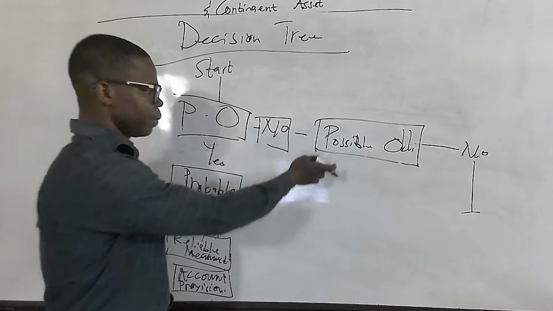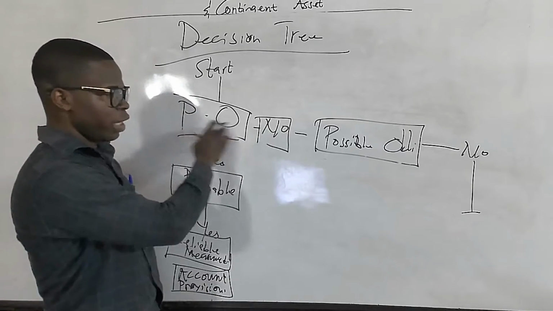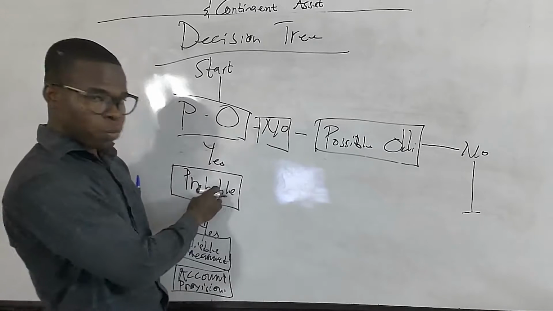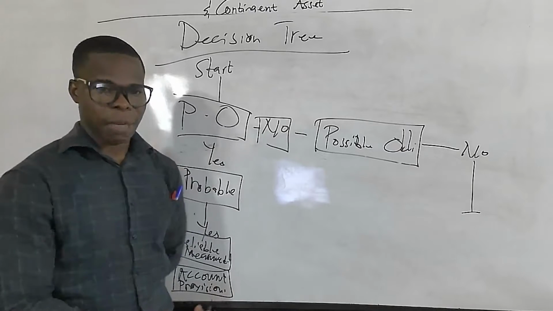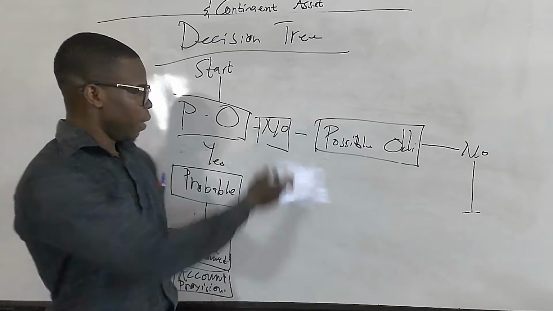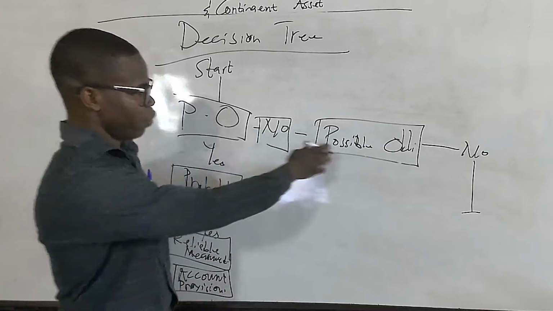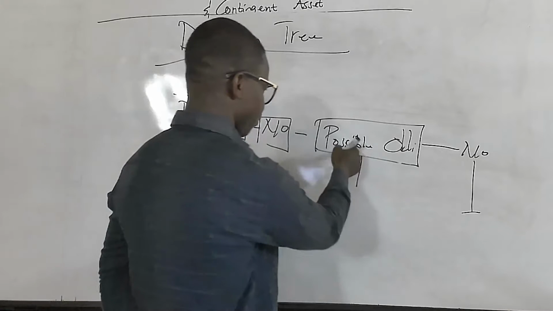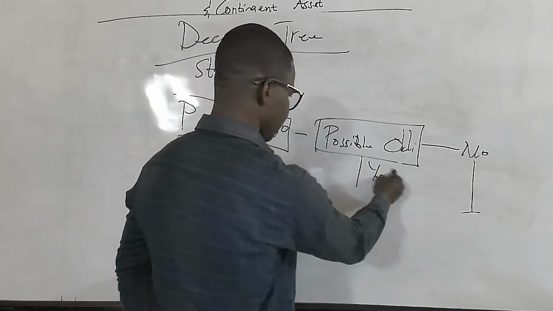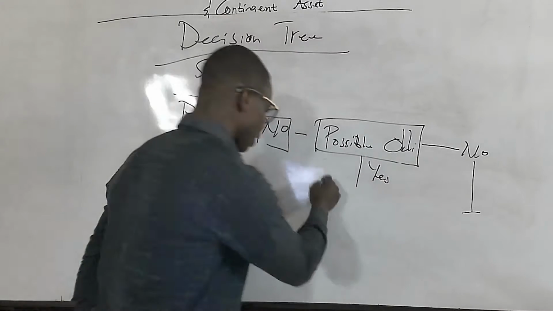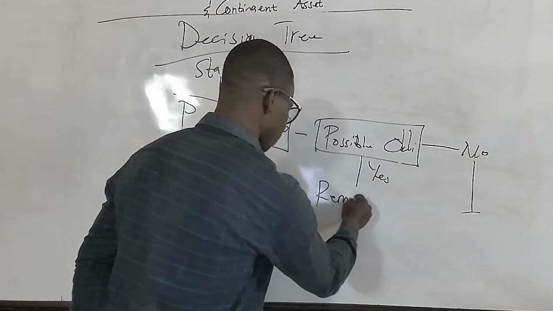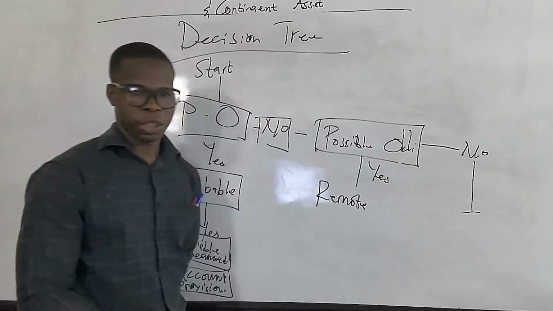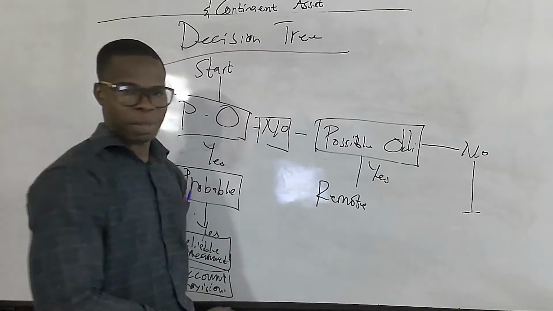Now let's look at the case where there is no present obligation, but there is a possible obligation. If there is a possible obligation, so there is yes here, does it lead to what we call a remote possibility?